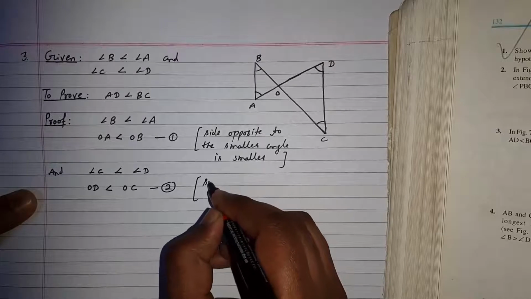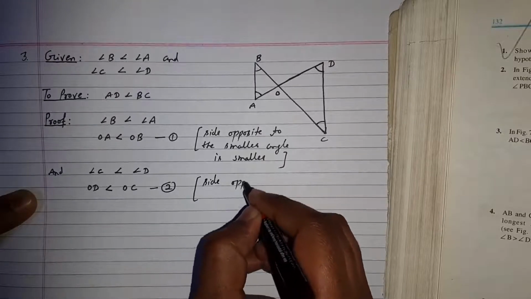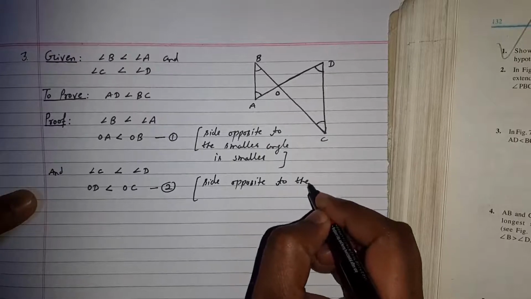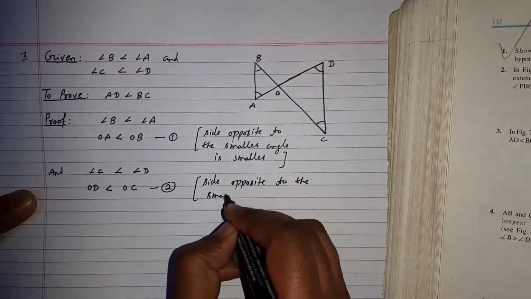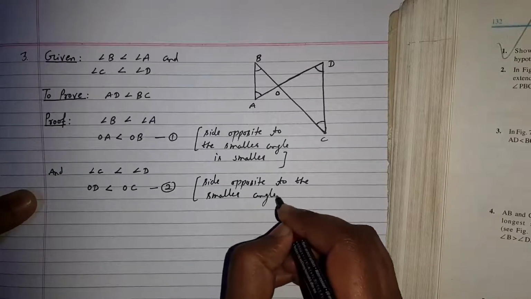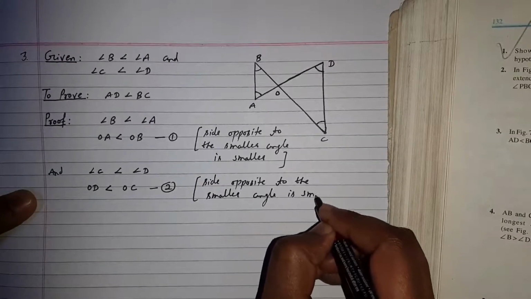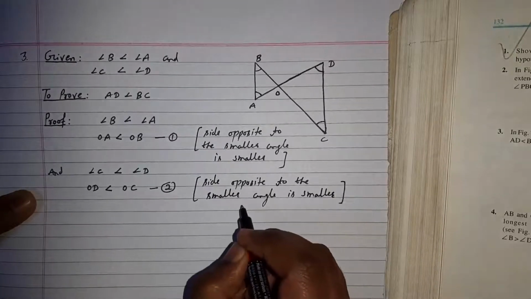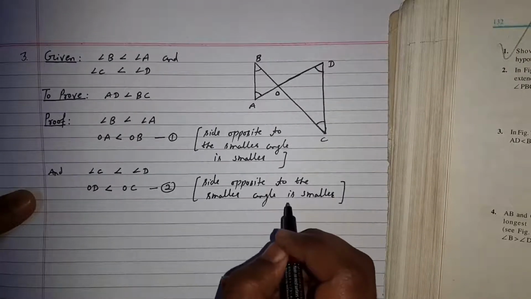The same theorem: side opposite to the smaller angle is smaller.